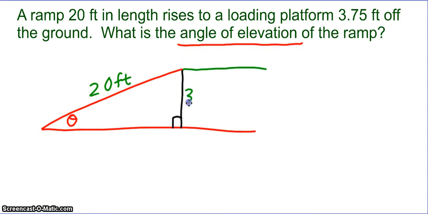So this is 3.75 feet. So what is the angle of elevation of the ramp? Well, we need to use trig to find the angle. Which trig function do I want to use? If this is the angle, what is this side in reference to that angle? Well, this is the opposite. This is the hypotenuse. So I would recommend sine.